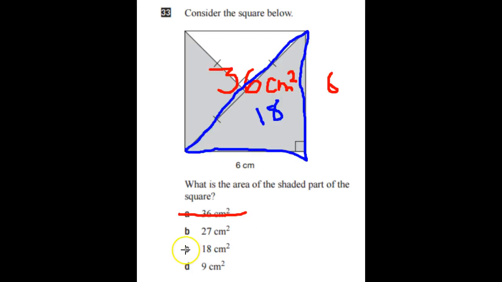So I know that 18 can't be the shaded area because the shaded area also includes this other little part right here. And so that tells me that the total shaded part has to be between 18 and 36, and therefore 9 is not my answer. B is my answer. Right? So there's a simple way to figure that out without actually figuring out the total area of the shaded portion.